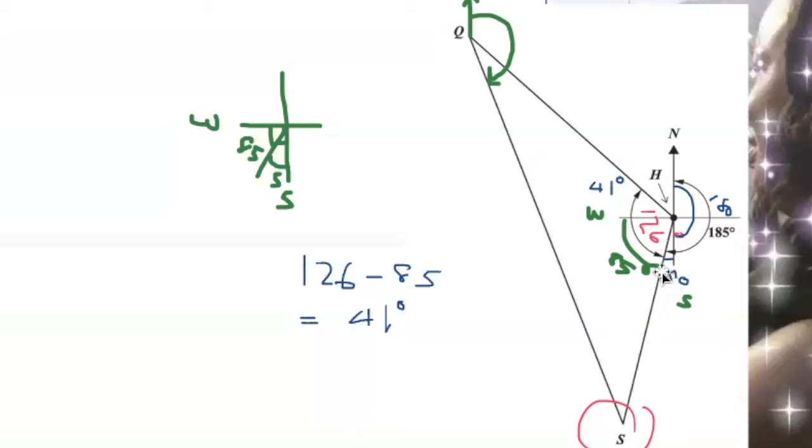So if this is 5, then the remaining portion that is left should be 85 degrees, because 85 plus 5 is 90. So I can find this little portion because I have this to be 126, and I know that this small portion here is 85 degrees. So what is left will be 41.